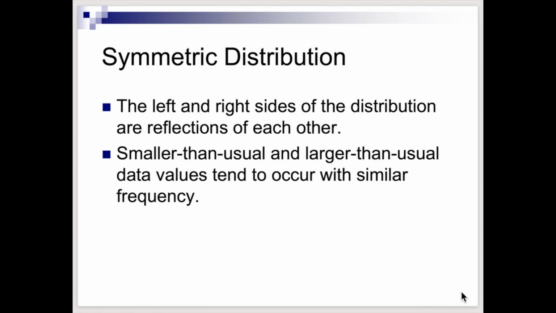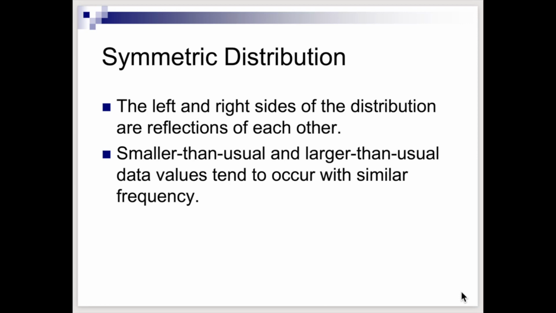All right, and then when we talk about the symmetry of a distribution, we say that a distribution is either symmetric or it's not symmetric, or we might say it's asymmetric. And so a symmetric distribution is a distribution where the left and the right sides of the distribution are reflections of each other.